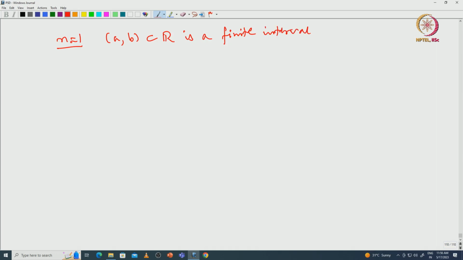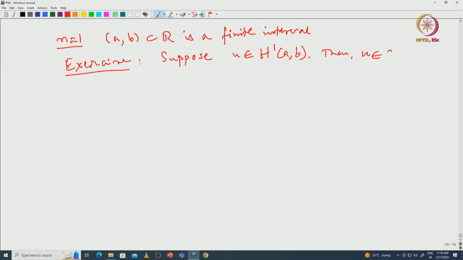Suppose u belongs to H1 a, b. Again recall the definition: this means u is an L2 function defined on this interval, and it has a distributional derivative which is also an L2 function. Then u is actually C half a, b.